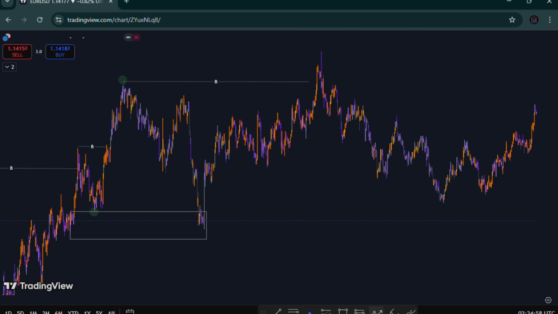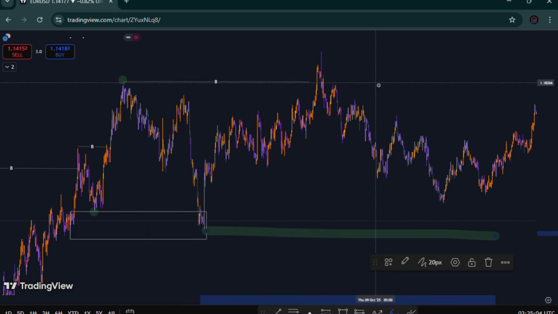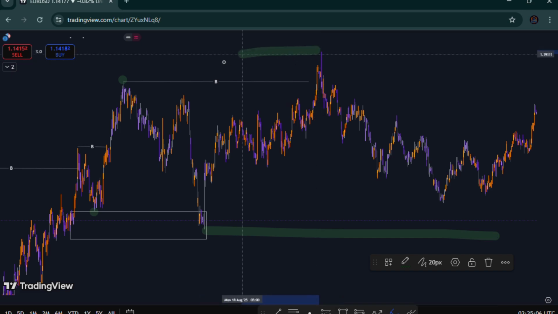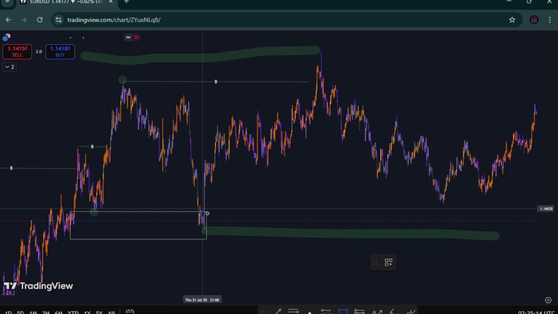First thing you need to know is, where is my swing structure? Now the current swing structure is this low here and this high. So anything happening here are all internal price action. And if I'm to be a swing trader, I will be catching a recent buy from this level here.